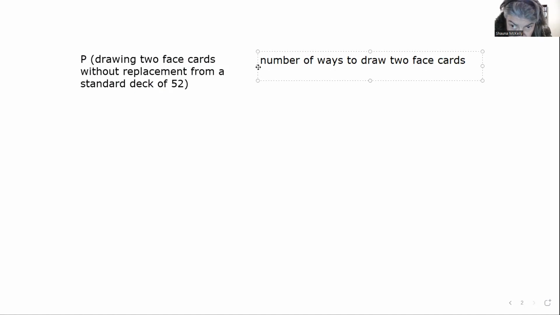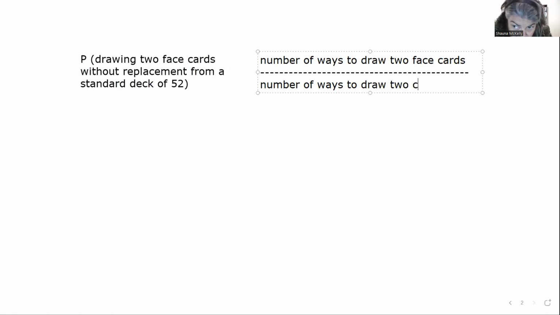This is the number of ways to draw 2 face cards, and this is the number of ways to draw 2 cards more generally, right?